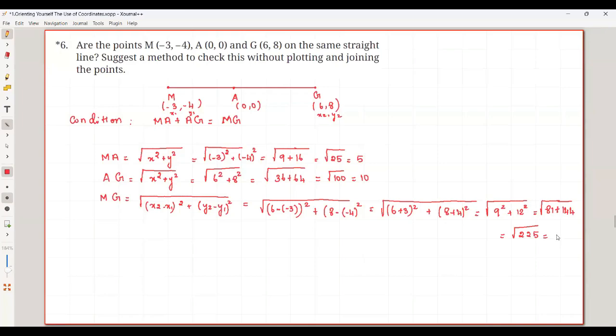The square root of 225 is 15. Now we have to check the condition.